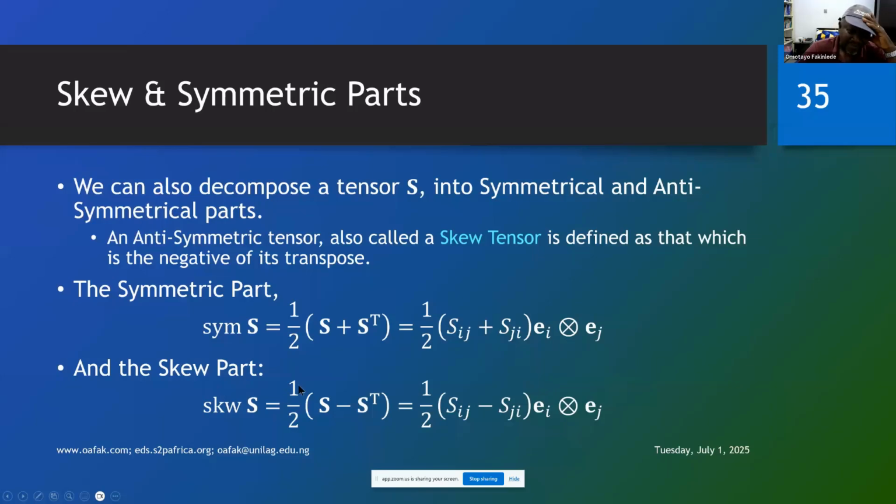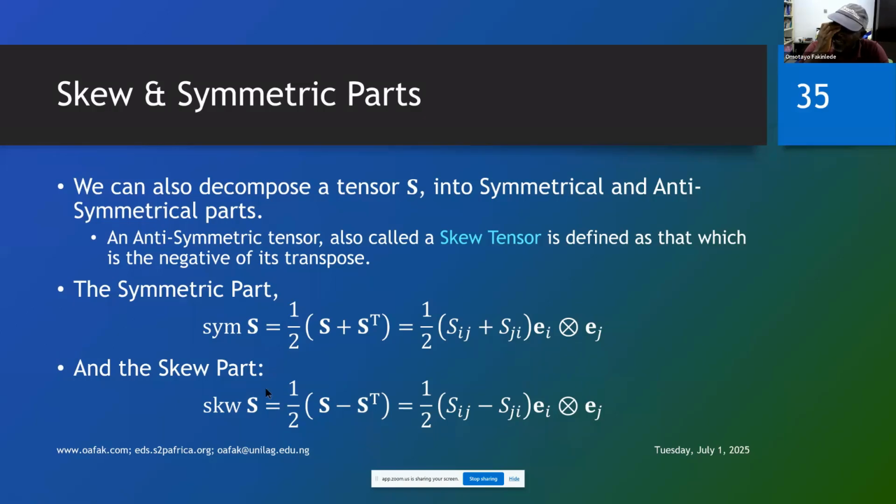For the skew part, again, what you do is you take the tensor, you subtract its transpose from it, and take half. The result you get is called the skew part of S. So if you look at these 2 equations, I'm sure it is not too hard for you to see that if you add these 2 together, you are going to get half S plus half S, which is equal to S. So if you add the symmetric part with the skew part, you are going to get the original thing.